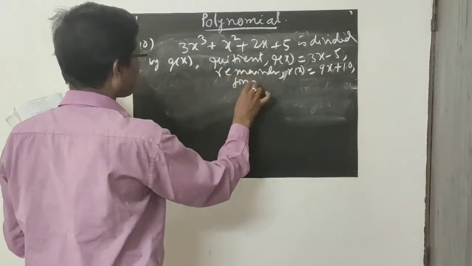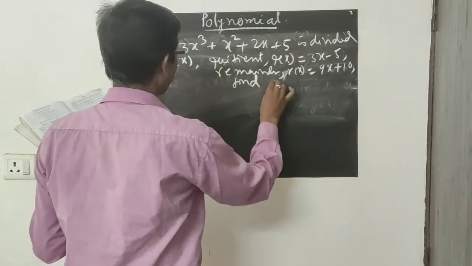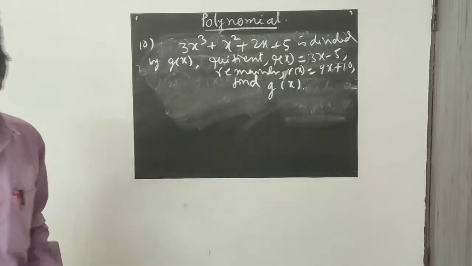Then find g(x), by which we are dividing.